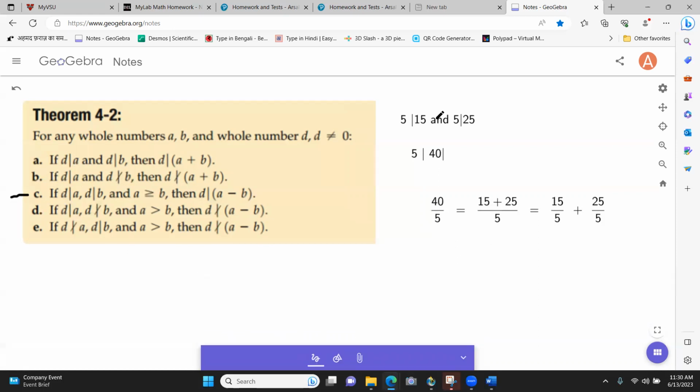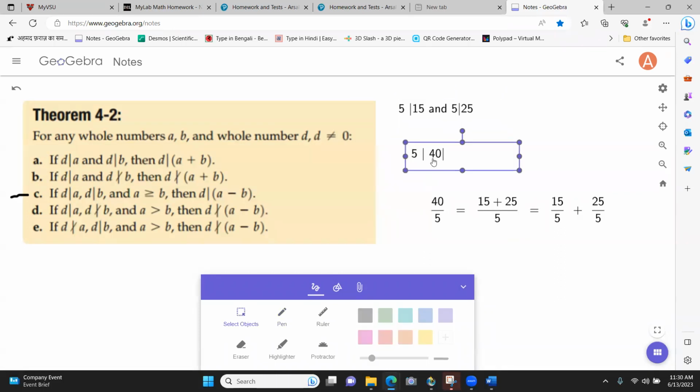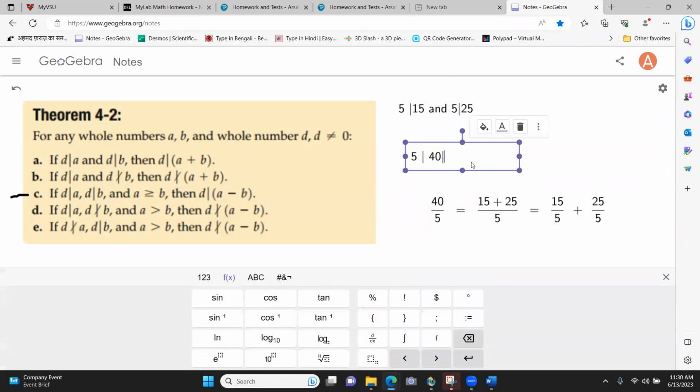So if a number divides A, which is 15 in my case, and B, which is 25, I'm going to claim 25 minus 15 is divisible as well.